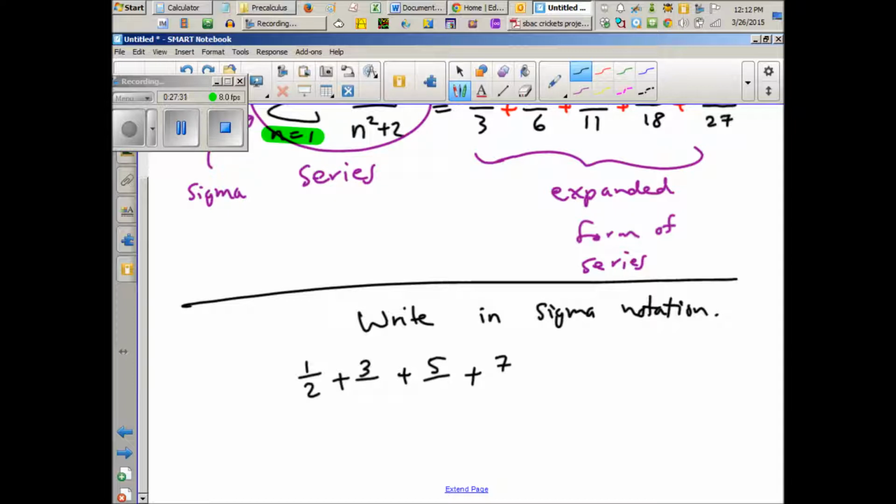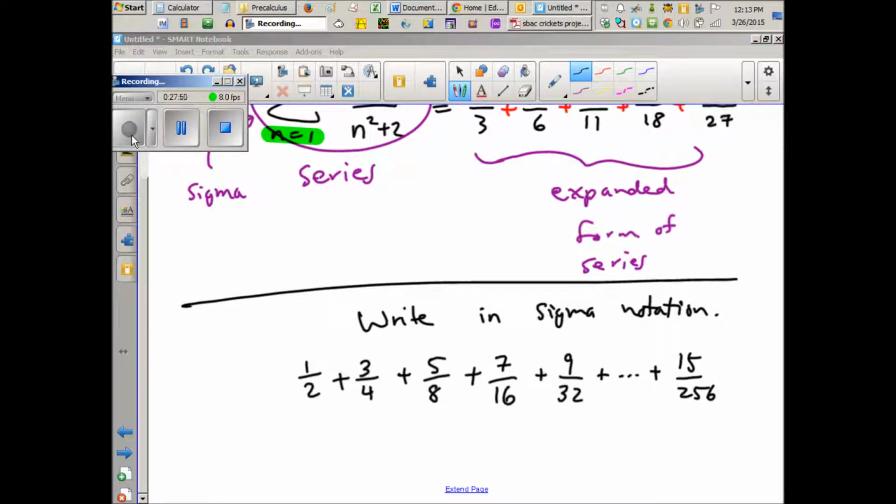And the bottom, let's say, is 2, 4, 8, 16. Let's do a couple more: 9 over 32, and so on. And let's stop when we get to 15 over 256.